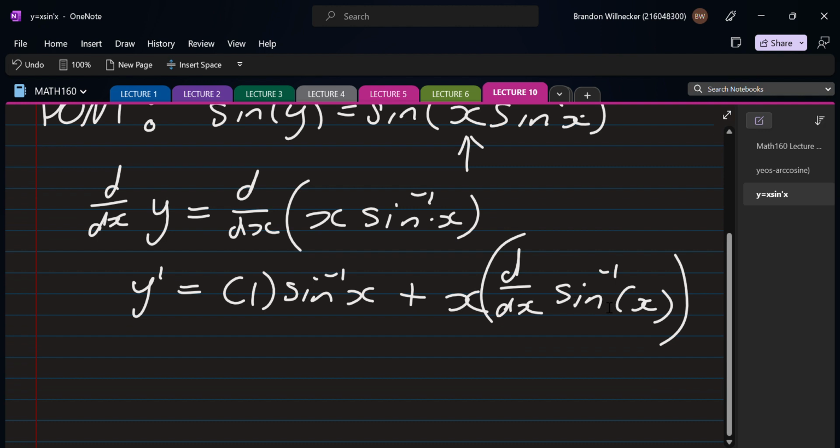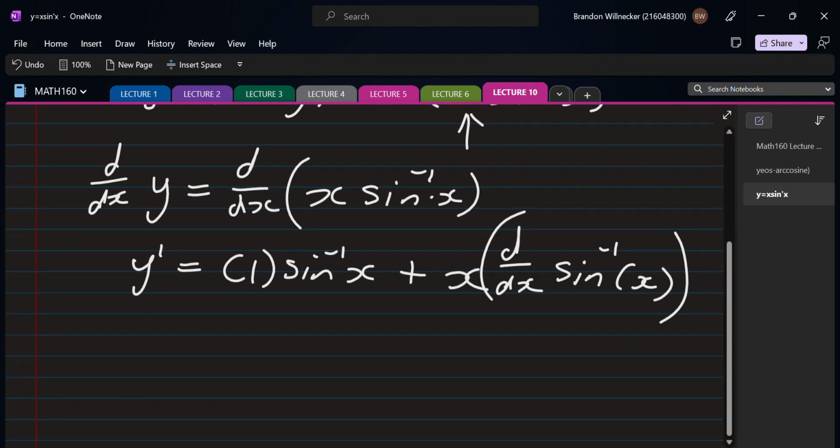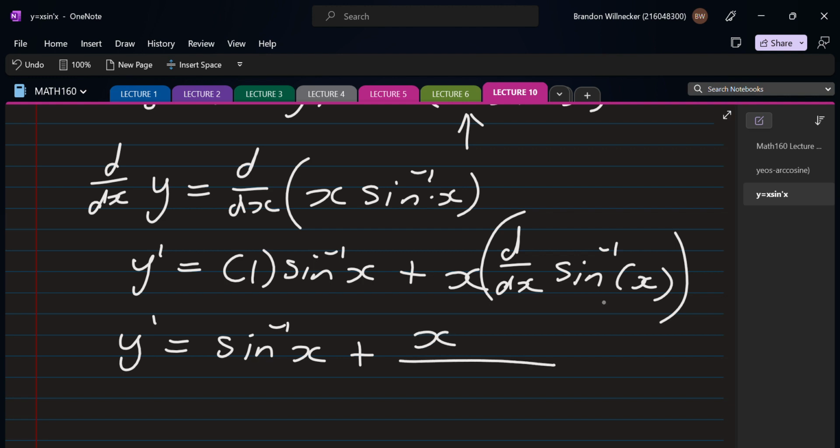Very similar to what we did with cos and tan. Same sort of working. We'll end up with 1 over the square root 1 minus x squared. It's very similar to what we had with cos. So here, y prime will be sine inverse x plus x over square root 1 minus x squared.